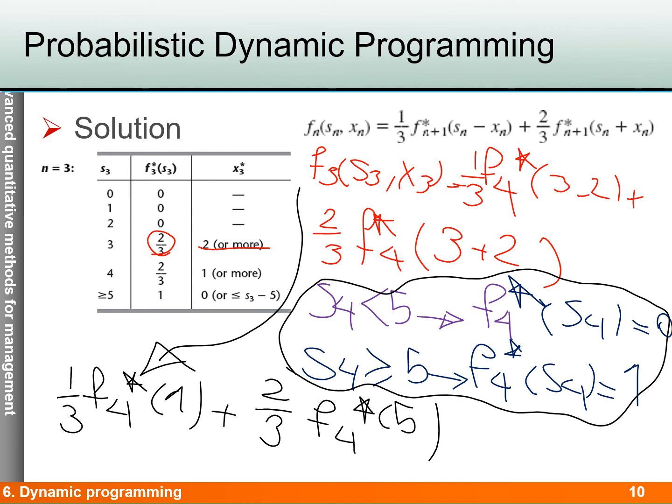S4 here is 1, which is less than 5, so this one is 0. S4 is 5, so F4 star of 5 is 1. So 2/3 multiplied by 1 is this 2/3 that we calculated here. Okay? So let's continue with the other parts.